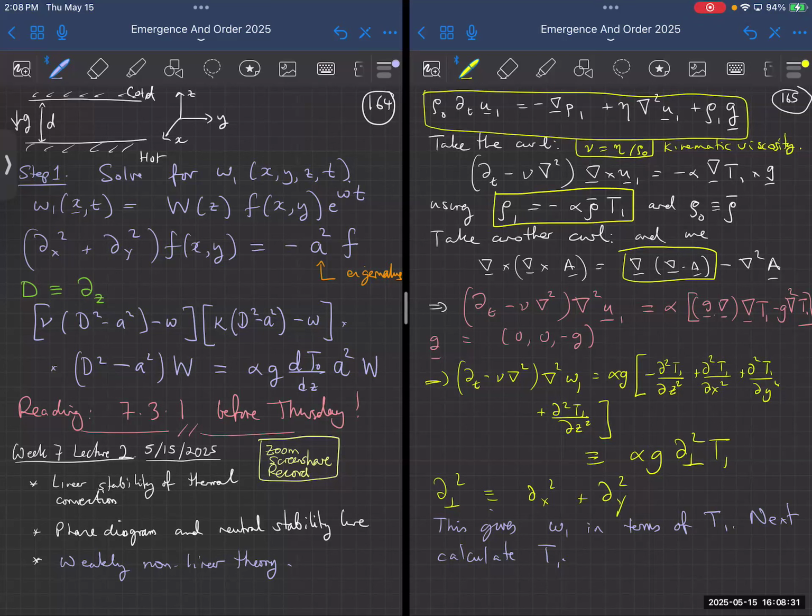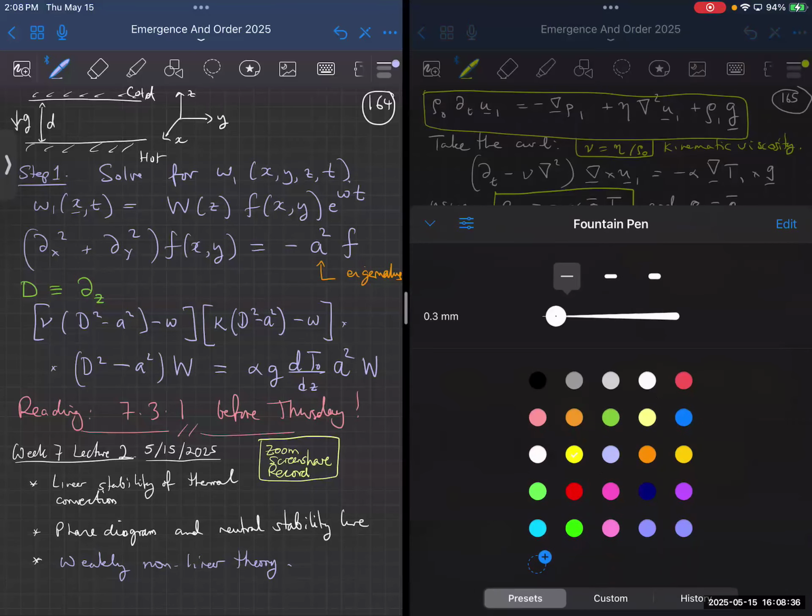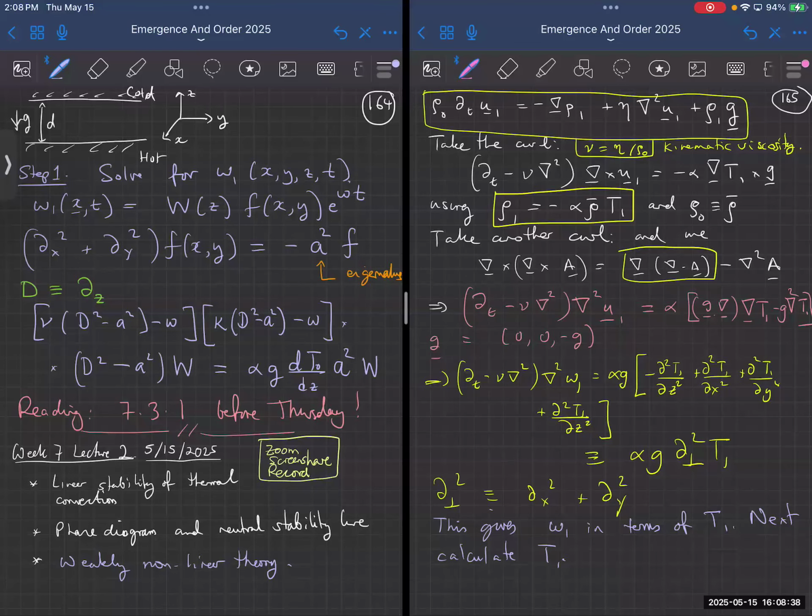And if you look at what's happening on the right-hand side and write out all the terms, what you will see is that you have a minus d2 T1 by dz squared, which conveniently cancels this one that comes from the del squared.